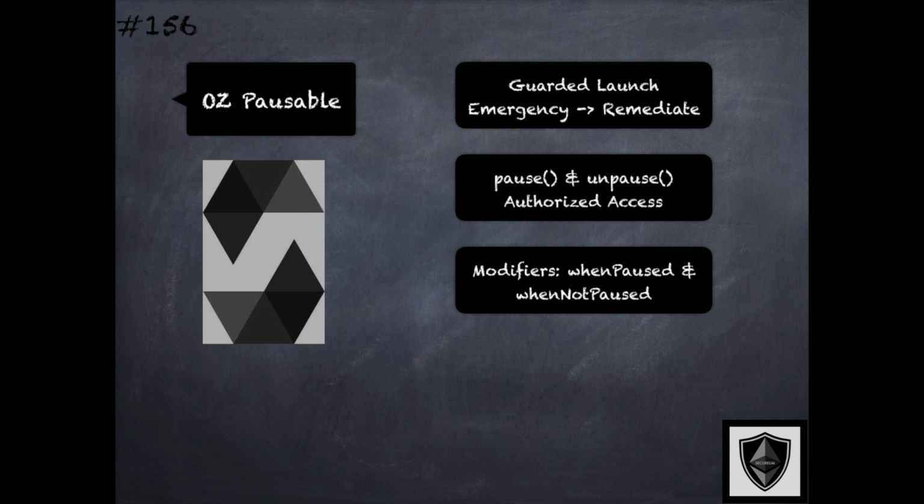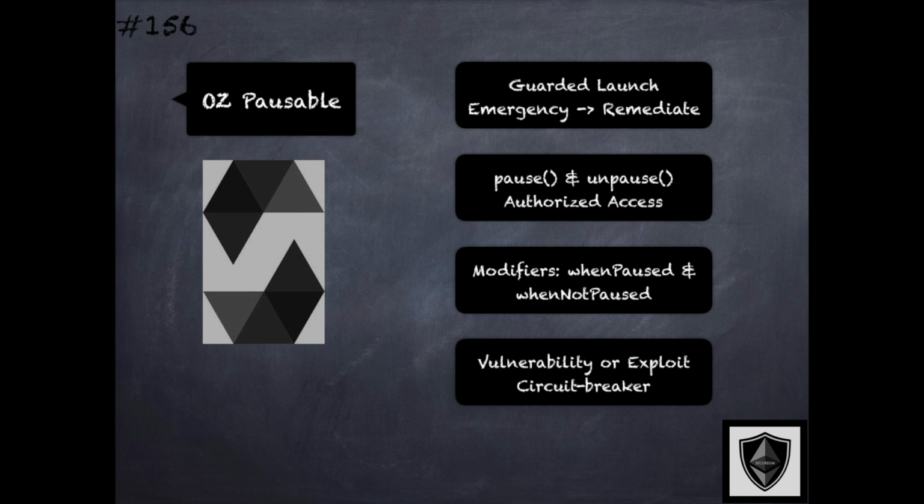And the way this works is by using the whenPaused and whenNotPaused modifiers on different functions. So on all functions that should be callable during the normal operations of the contract, the whenNotPaused modifier should be used. And for those functions that should still be callable during emergencies, the whenPaused modifier should be used.